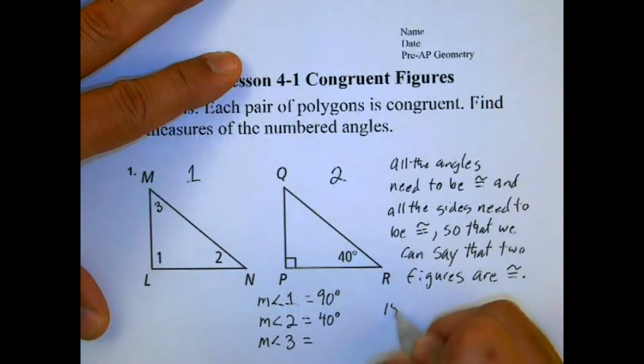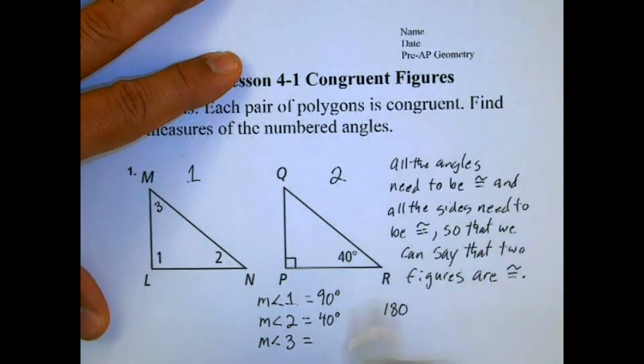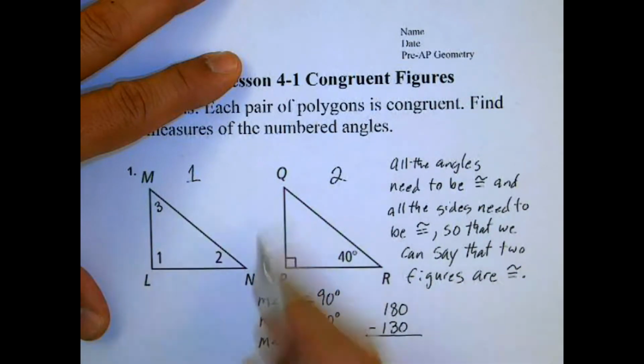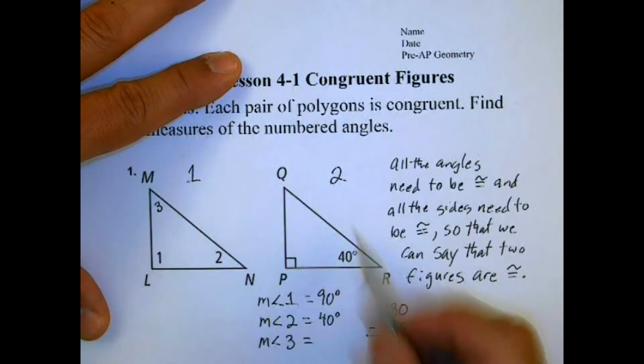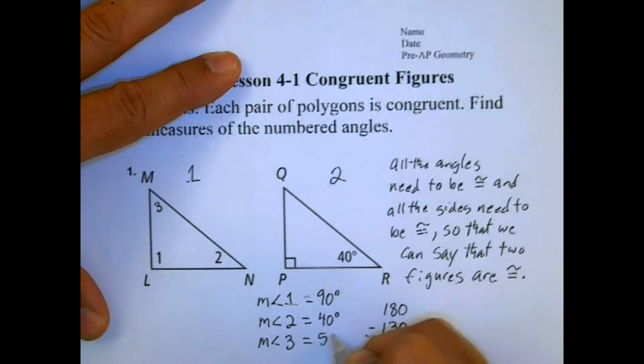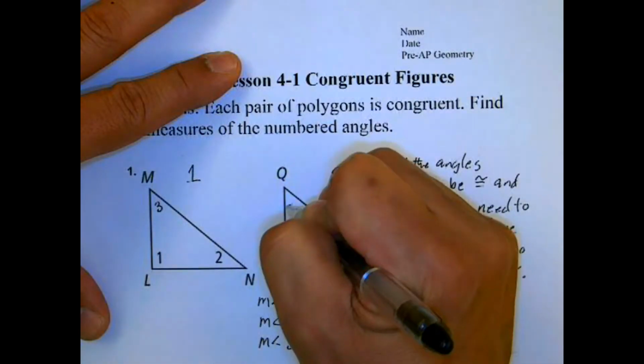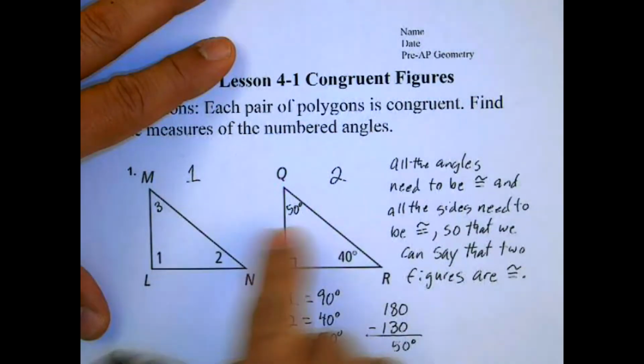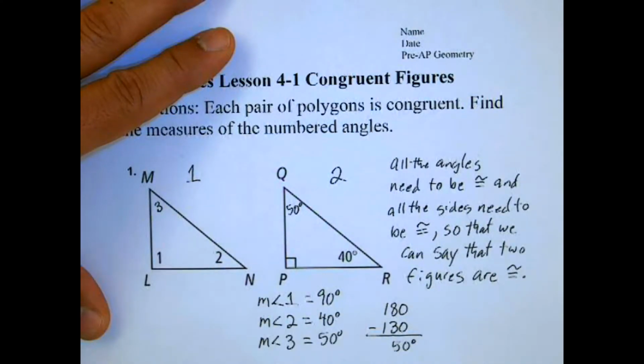What we had to do was take 180 degrees and subtract the sum of those two. 90 plus 40 is 130, and we subtract it from 180 degrees because the sum of the interior angles is 180 degrees. So 180 minus 130 gives you 50 degrees. So this right here would be 50 degrees, just like that.